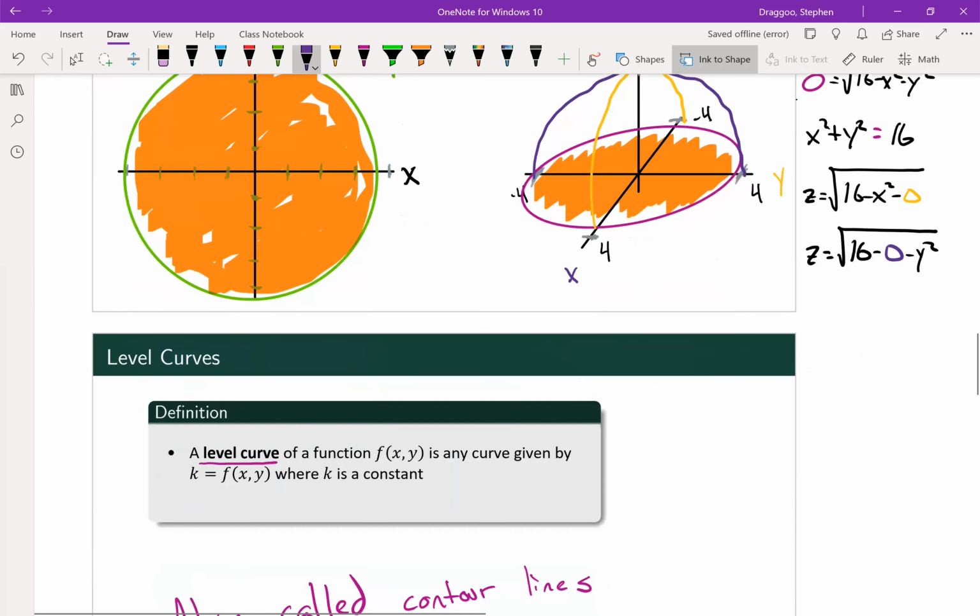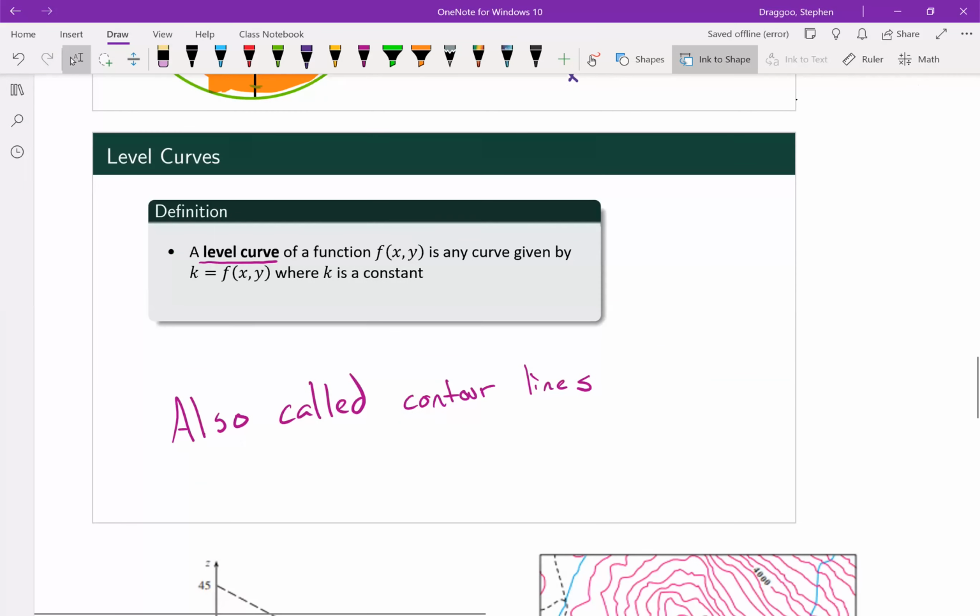All right, then let's move on to what we're going to call level curves. A level curve of a function is any curve given by k equals f of x and y, where k is a constant. Also worth pointing out that when we say that k is a constant, k is also in the range of f.